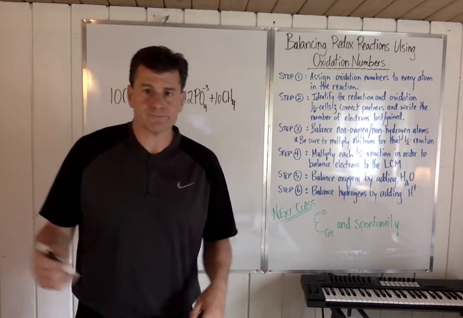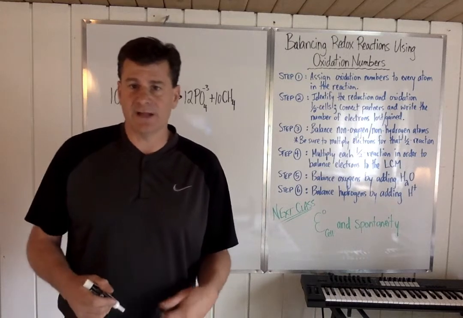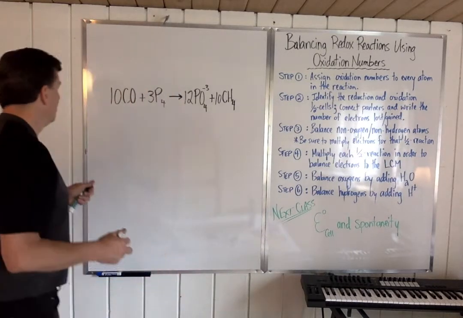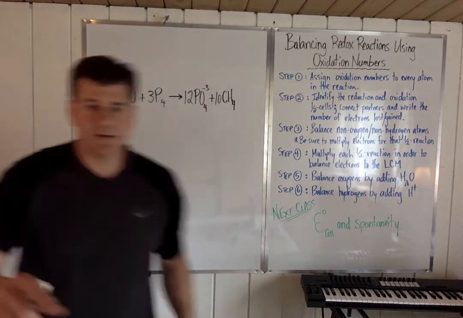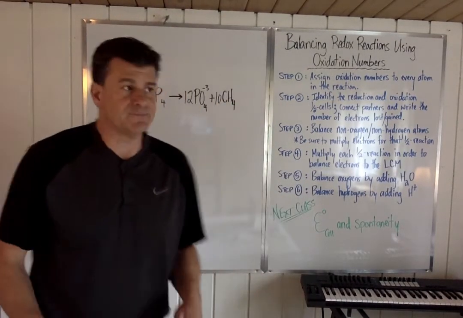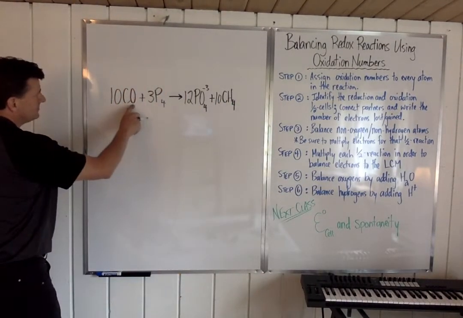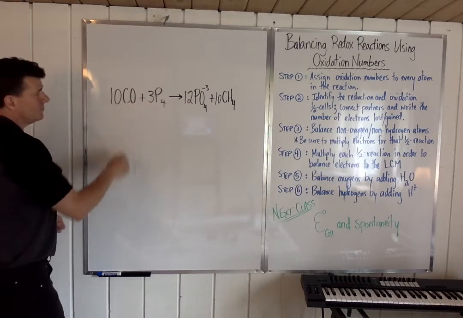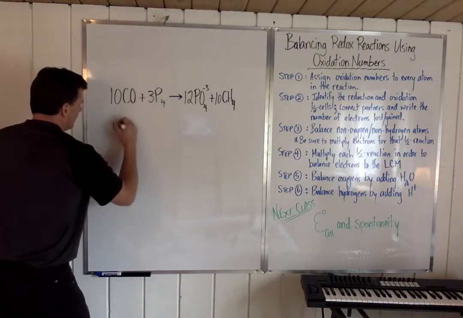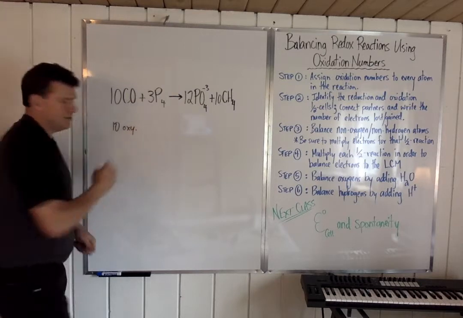Okay? So, next thing I do is I balance the oxygens by adding waters. So you just got to make sure that you don't miss anything here, right? So I've got 10 times 1, so I've got 10 oxygens over here. You don't have to write this down.